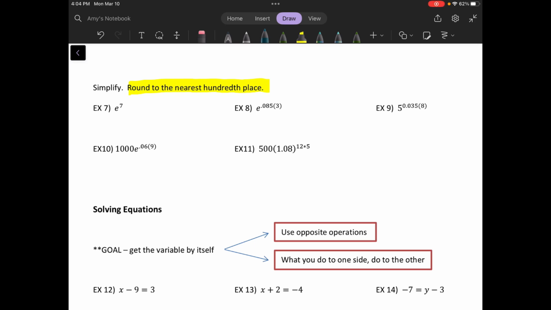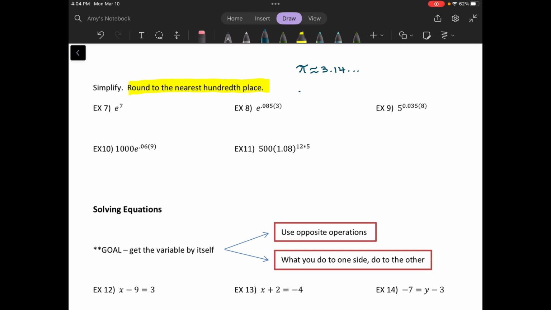All right, so you see this letter E, which is different than a variable like X. If you remember the symbol pi, which is approximately 3.14... It goes on and on and on forever. And we use that in geometry, area of a circle, so we know pi is a value.